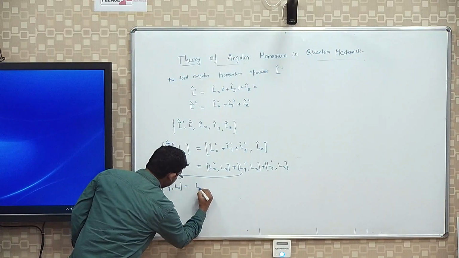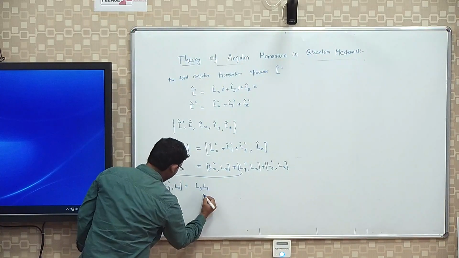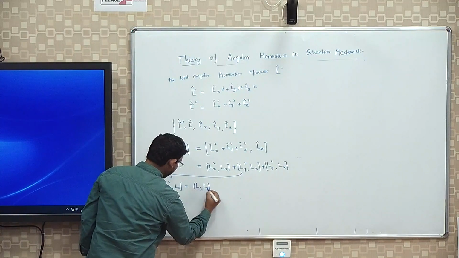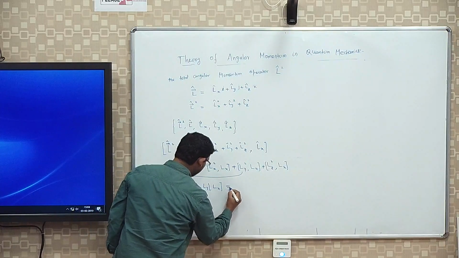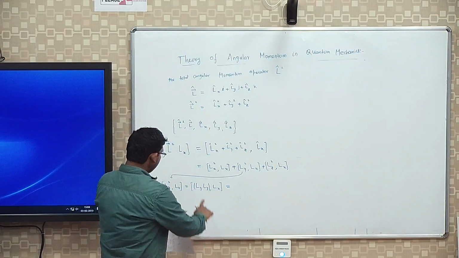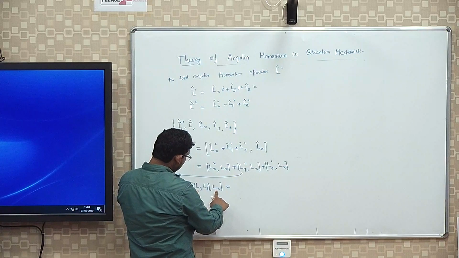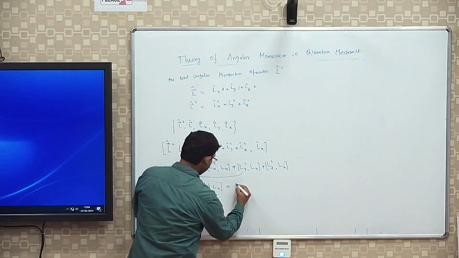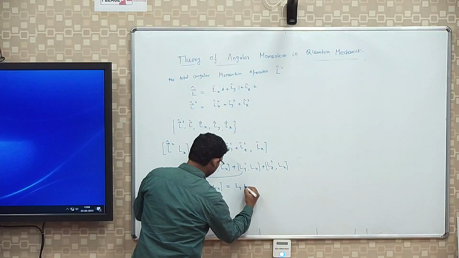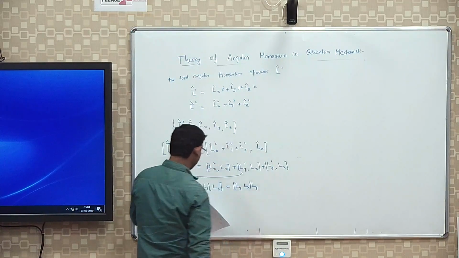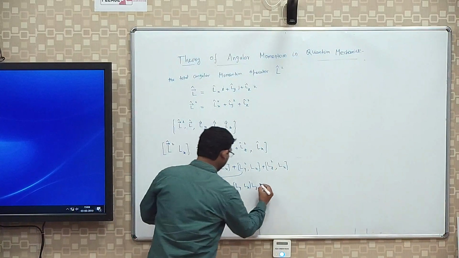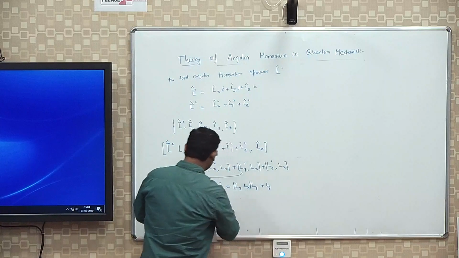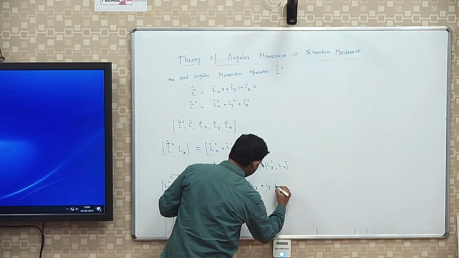So Ly, Ly, Lx. So by keeping this Ly, the second Ly commute with Lx.